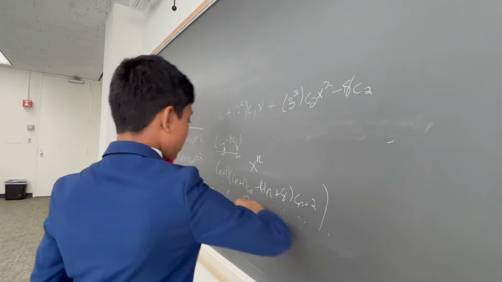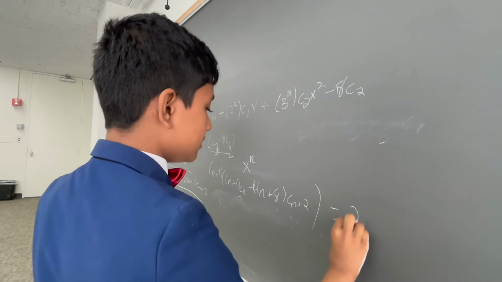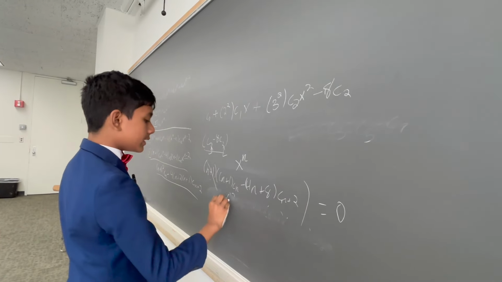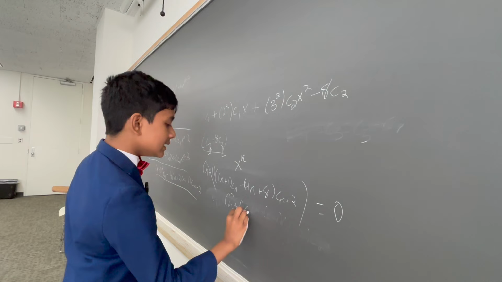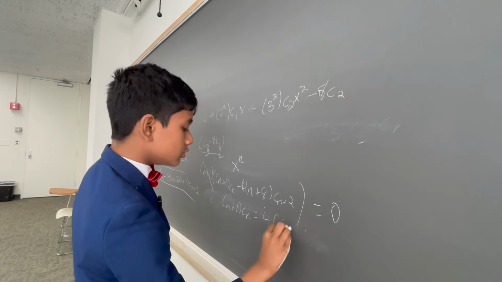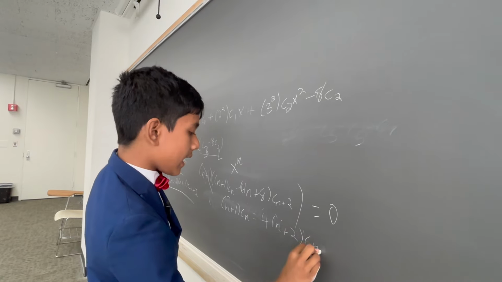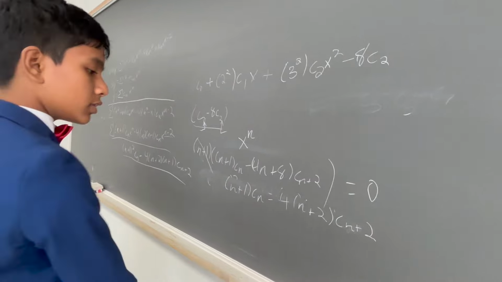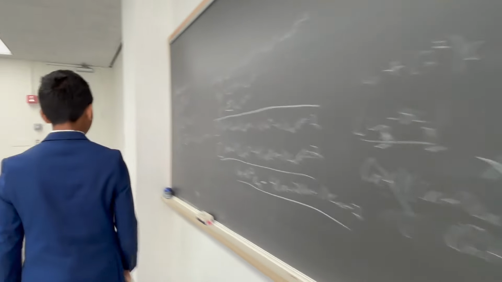So we know that all of these terms have to be equivalent to 0. That means we can completely disregard this factor. So we get (n+1) c_n is equal to 4 times (n+2) c_(n+2). Alright, and so what do we get at the end of the tunnel over here?